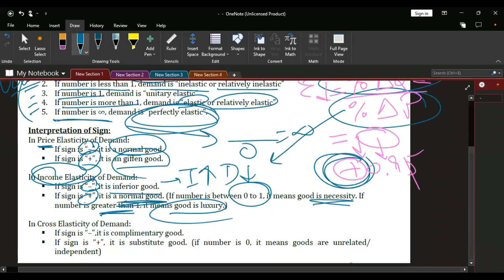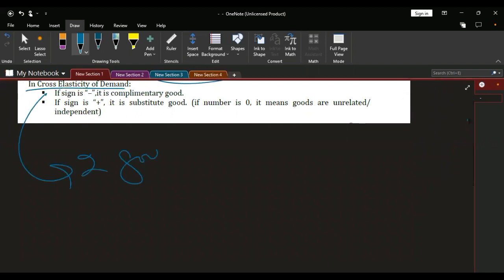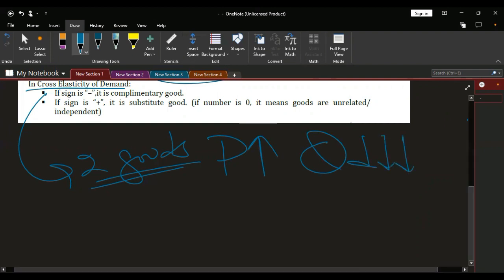In cross elasticity of demand, we study the relationship of two goods, or you simply say that an increase in price of one affects the demand of the other good.